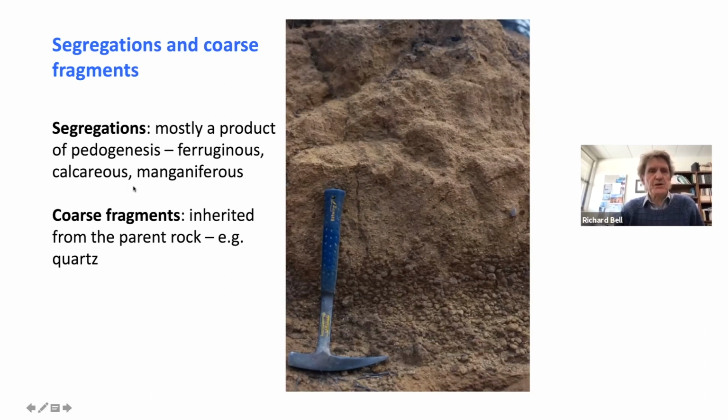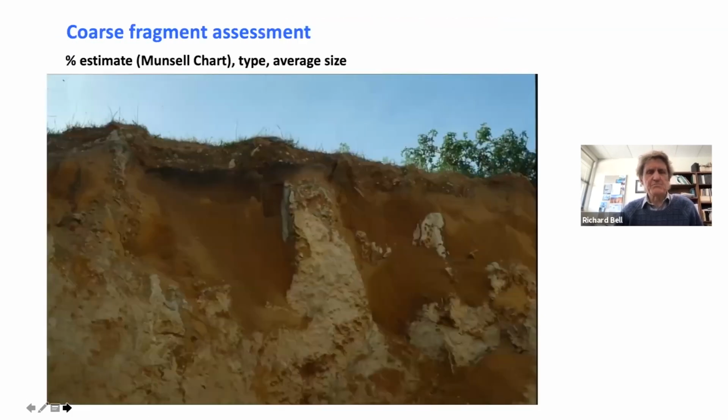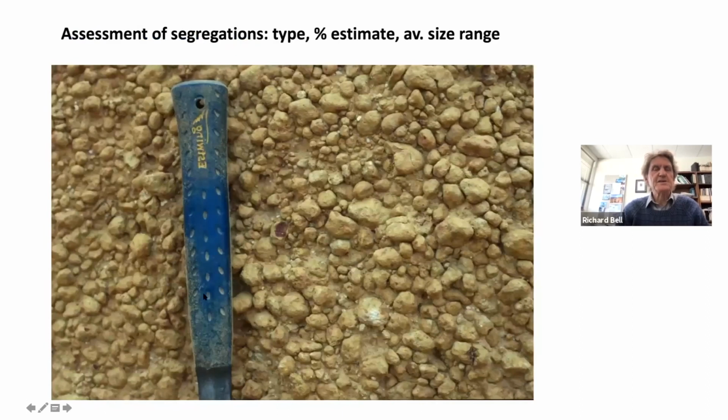So that's from the parent rock, not yet weathered, whereas the segregations are materials that form through the weathering in the soil, and they might be ferruginous, that is iron-rich, or calcareous, that is alkaline carbonate materials, or manganiferous. And we can describe them in terms of their color, their abundance, and their size. So here's a gravelly soil where most of the soil material is gravel and there's relatively little fine material.